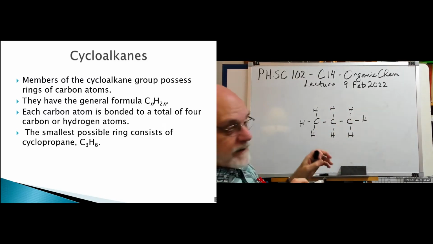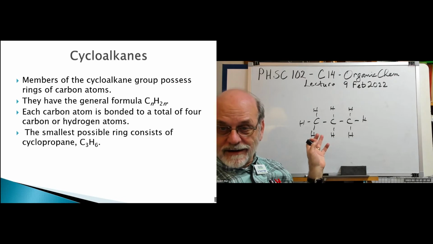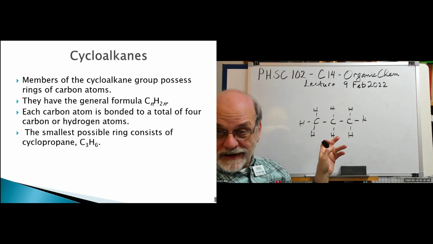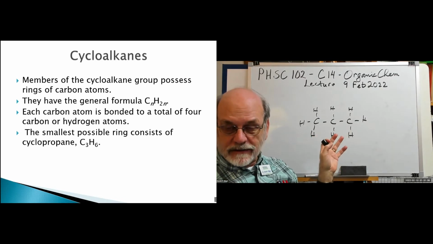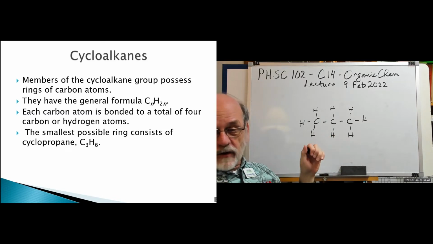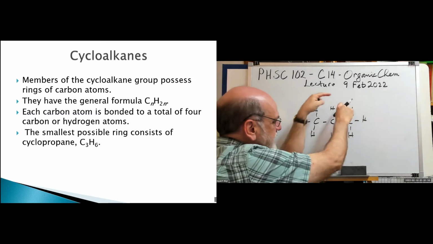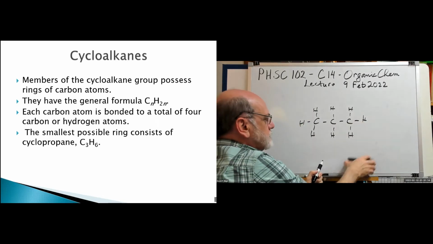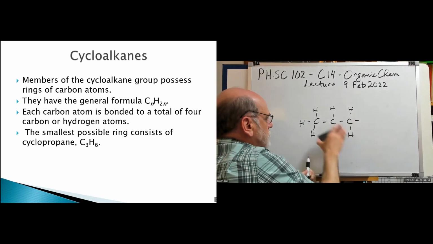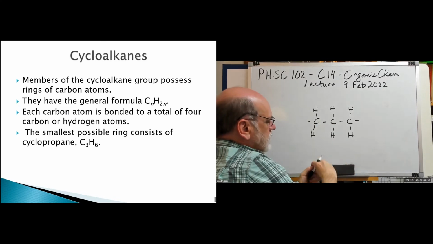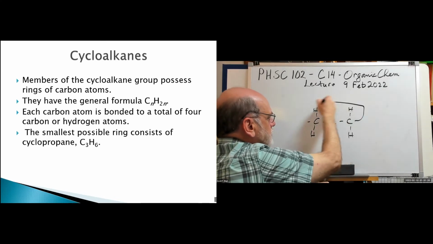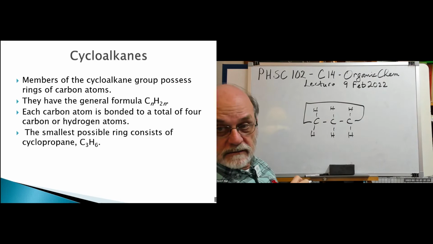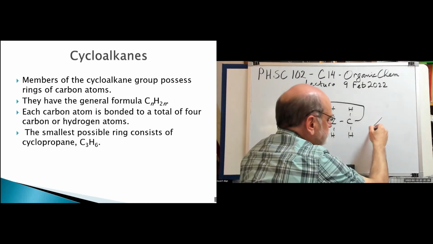Okay, there you have C3H8. But if you're going to connect these 2 carbons together, you got to give up those 2 hydrogens. And now you're going to connect this carbon with that carbon and make a ring.